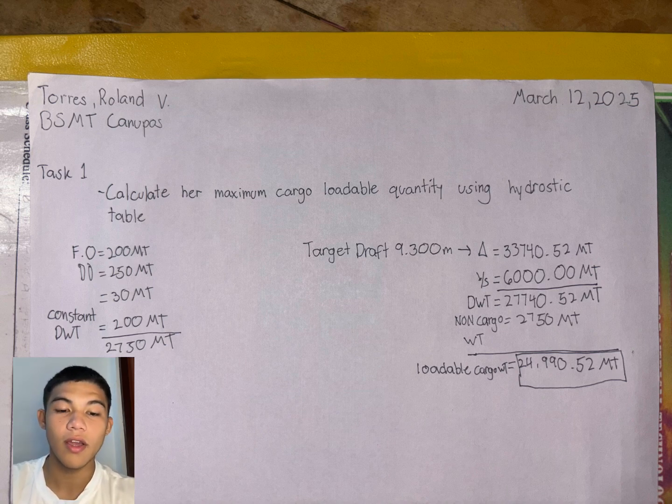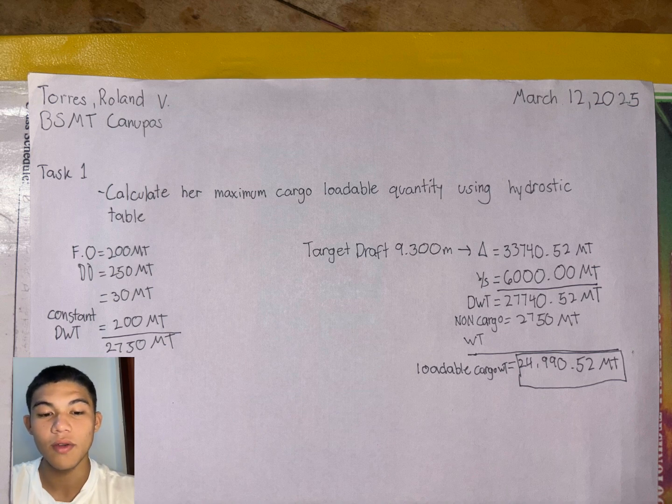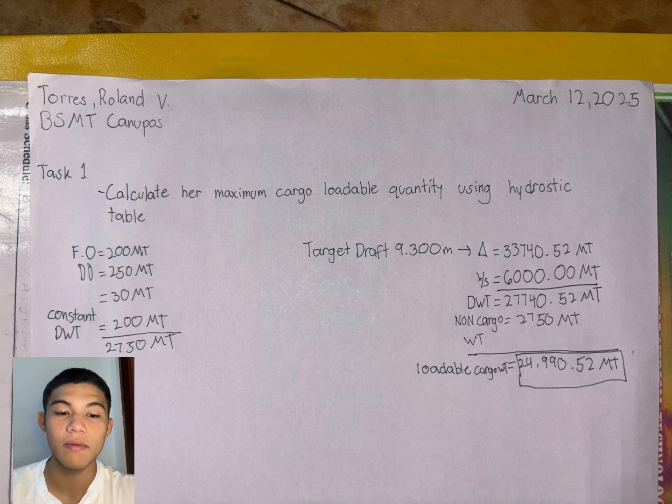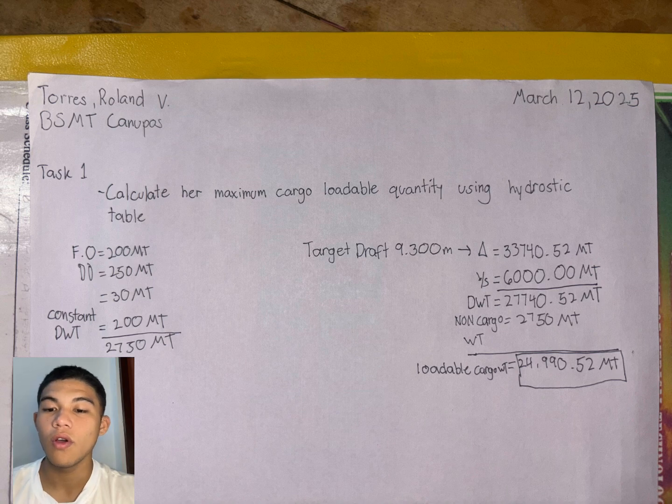And calculate this one minus, will be the deadweight. And the deadweight is 27,740.52 metric tons. And the non-cargo weight is 2,750 metric tons. So in order to get the cargo weight, we have to add all of this: FO, DO, constant, deadweight, and this one.